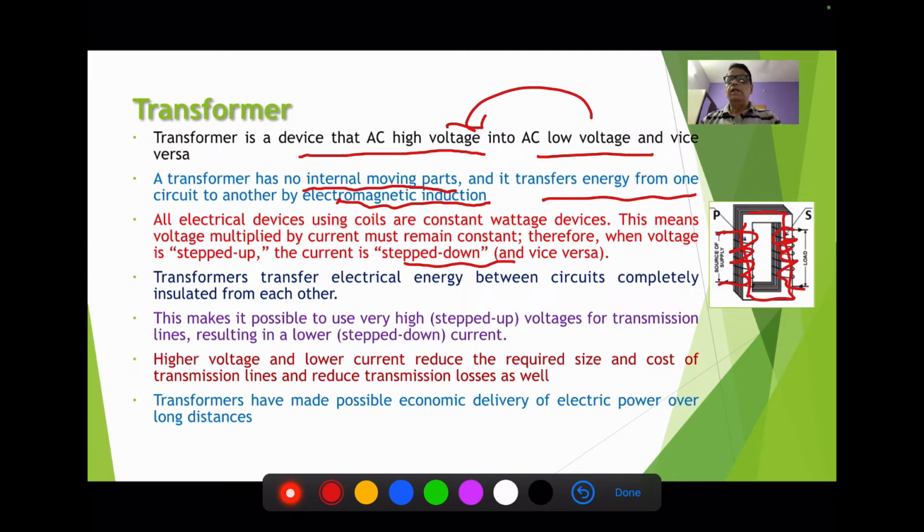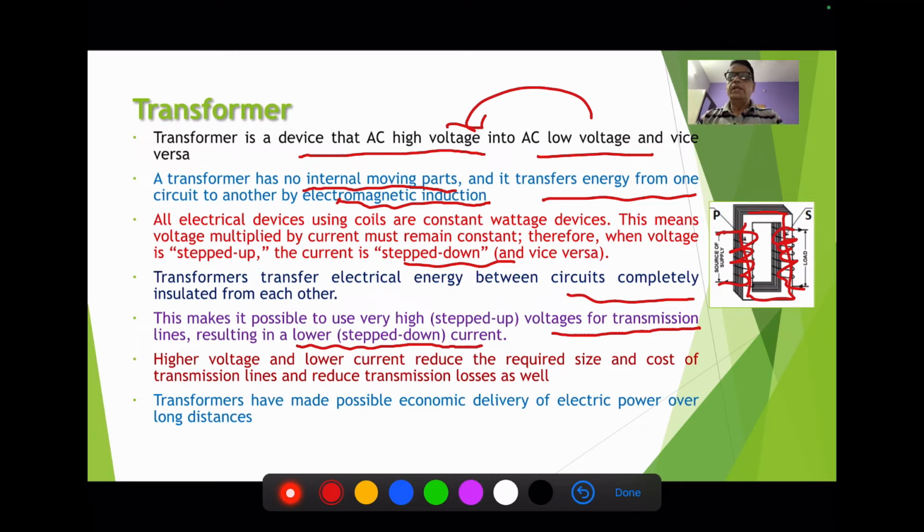A transformer transfers electrical energy from one point in the circuit to another point in the circuit, and the advantage of using a transformer is that the two sides are completely insulated from each other. With the help of the transformer, it is possible to use very high voltages for transmission lines, which results in a low current.